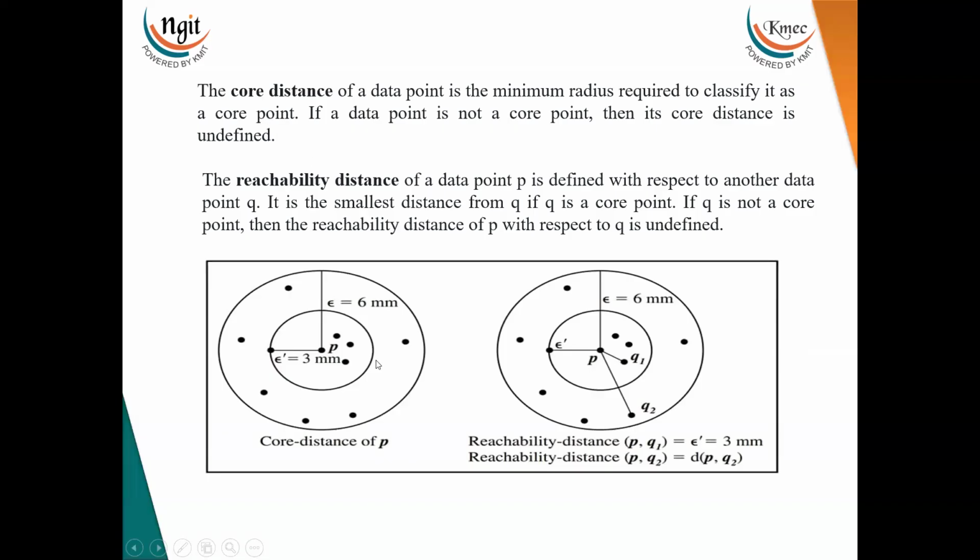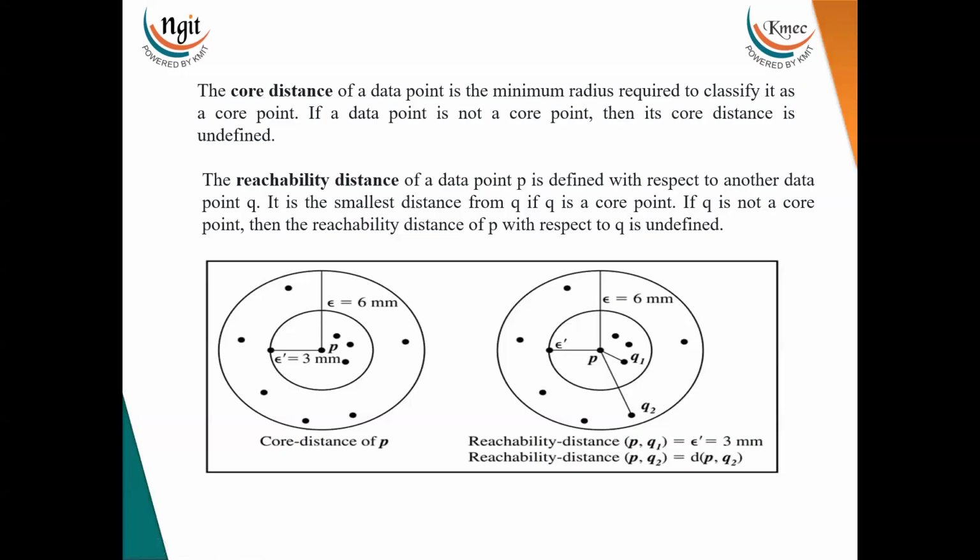In this example, we have the core point P. The core point is within the epsilon radius and has the minimum points. Now the minimum radius required to classify the core point is called the core distance. Here we have a radius of 3 mm which will satisfy the core point.